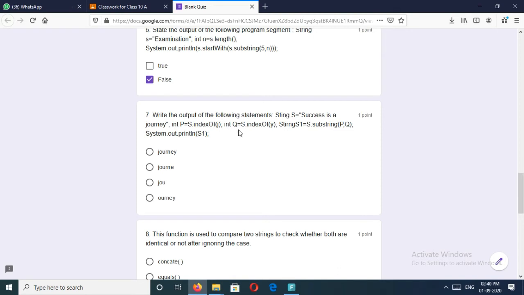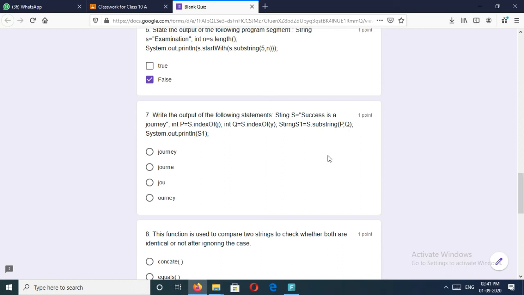Then q = the index number of y. That means 12, 13, 14, 15, 16, 17, 18. You will get 18 here. Then String s1 = s.substring(p, q), that means 12 comma 18.